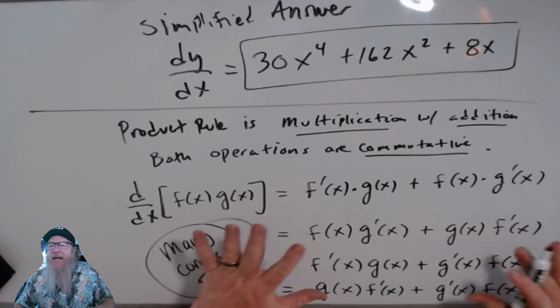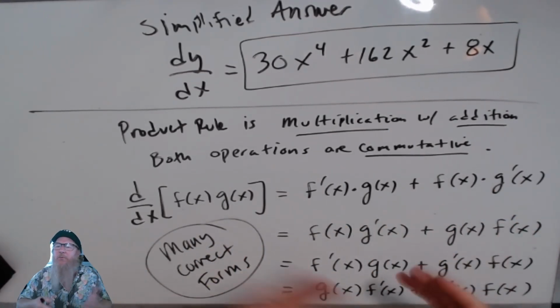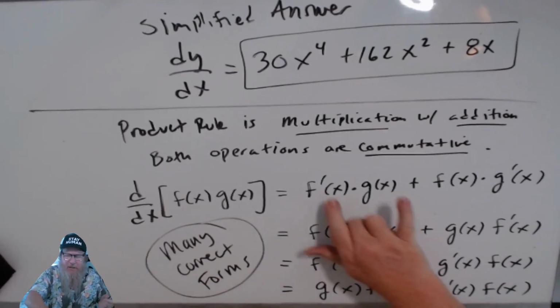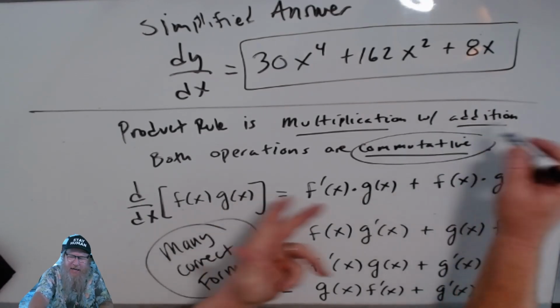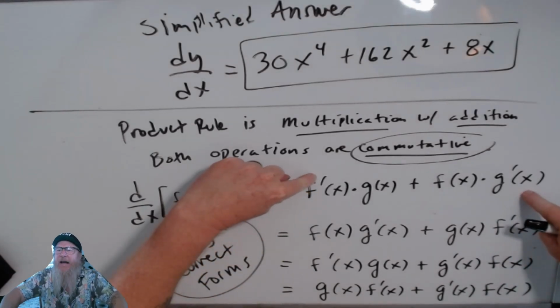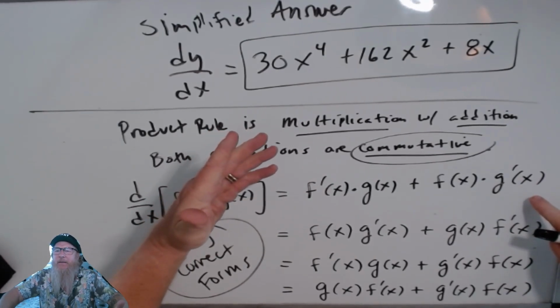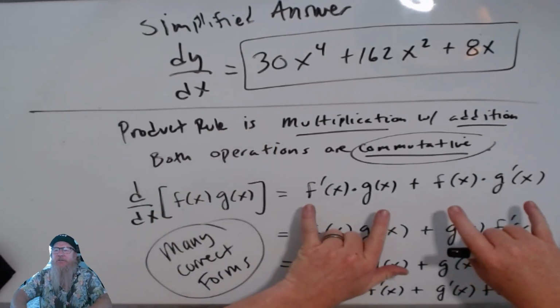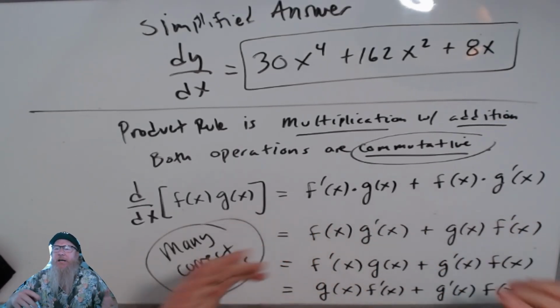The key to the product rule is not the order, right? The order really doesn't matter. You can change the order of multiplication, and you can change the order of the addition, and you will still get the right result. The key is that each term has one derivative in it, yeah, and each term has one of each function. So you've got one f and one g.